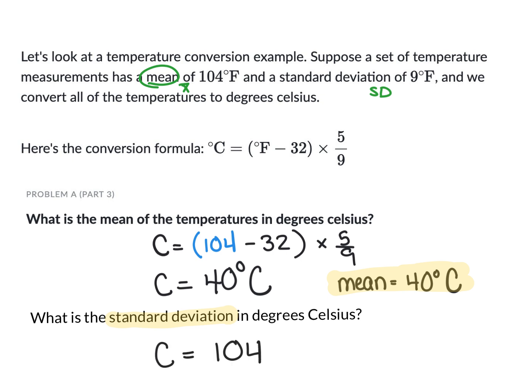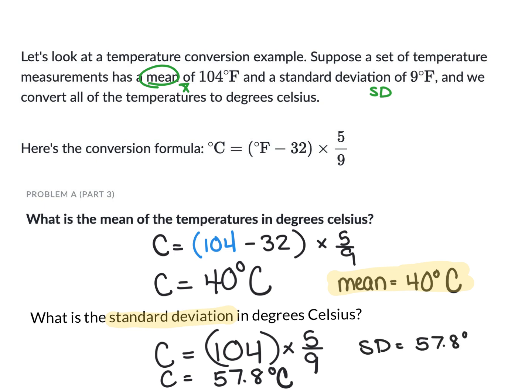So rather than putting minus 32, I'm just closing my parentheses and multiplying 104 by 5/9 to get approximately 57.8 degrees Celsius. So my standard deviation is 57.8 degrees.